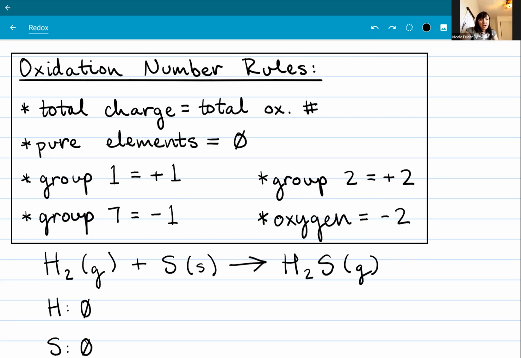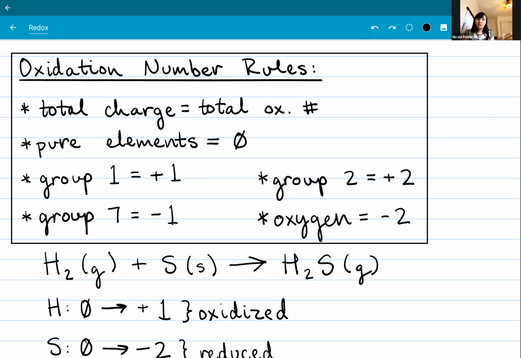In H2S, however, hydrogen, being a group 1 element, has an oxidation number of +1, and sulfur, in group 6, has an oxidation number of -2. Comparing before and after the reaction, we see that hydrogen increases in oxidation number, as in it's oxidized, and sulfur decreases, so it's reduced.